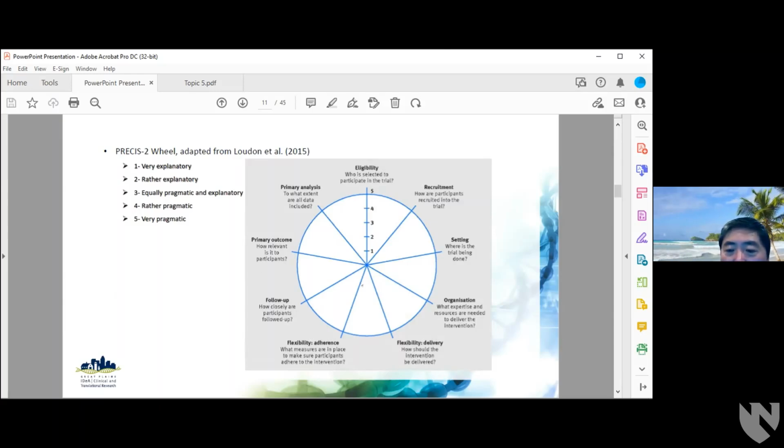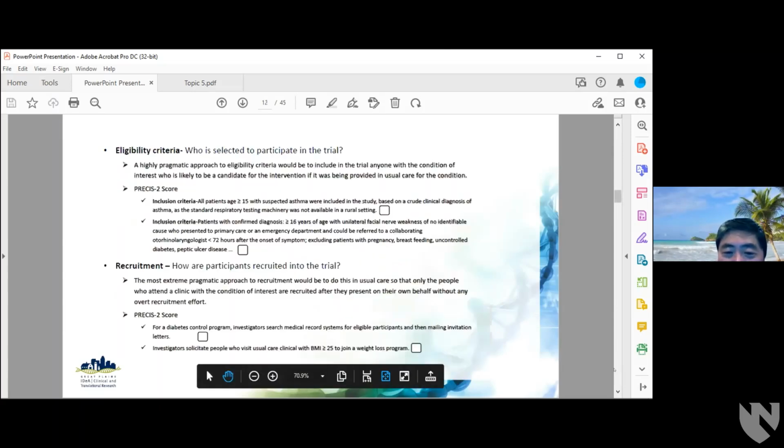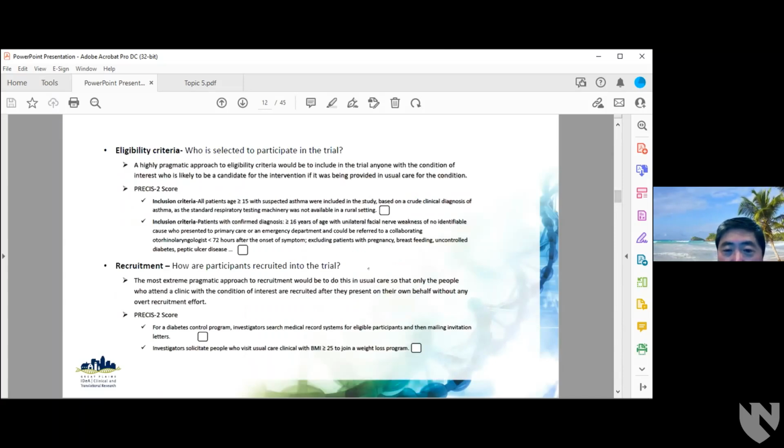Since this presentation is more focused on pragmatic trials, now let's do some exercise. I'd like to see how you view a trial as pragmatic or explanatory. Let's start with each domain. Eligibility criteria: you need to decide who will be selected to participate in this trial.